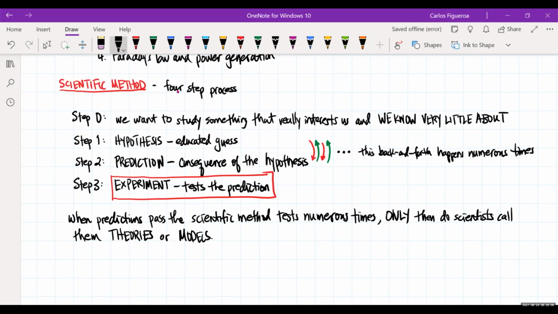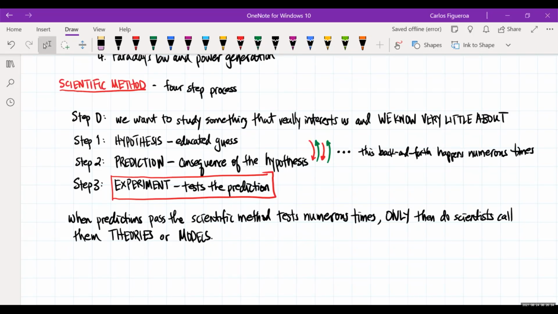You can't just come up with the theory. You can come up with the hypothesis, but a theory has a very clean definition. That word has been misused too many times. And I'm trying to take a single step here to try to correct that. So only then in science do we call them a theory.